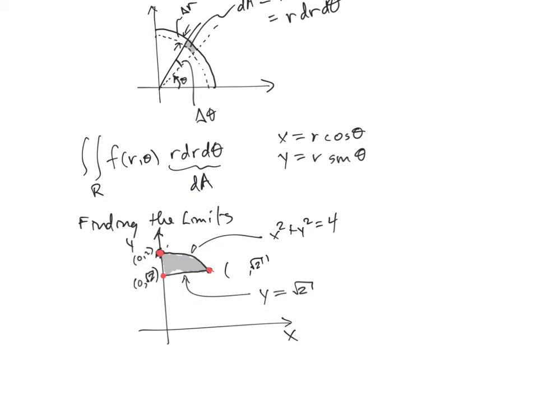What's the x coordinate? Root 2? You got that from this equation, right? This point is part of this circle. So if y equals root 2, I've got x squared plus 2 equals 4, which means x must be root 2 as well. Okay, I've got all the points.